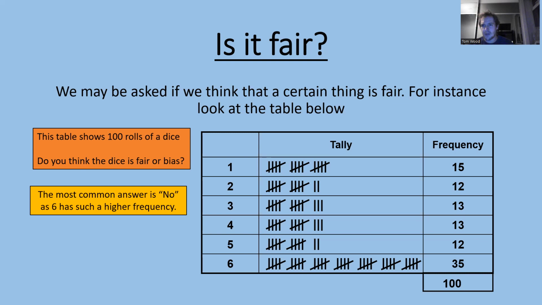If this dice was fair, then every outcome would be just as likely. So we'd have our 100 attempts, and we would divide that by 6. When I do that, I get 16.6 recurring. So we would expect an answer around 16 or 17.